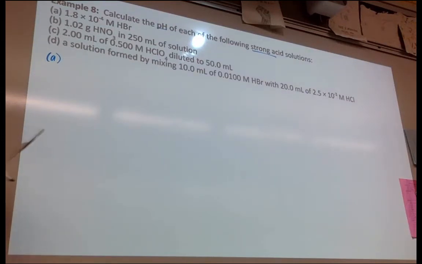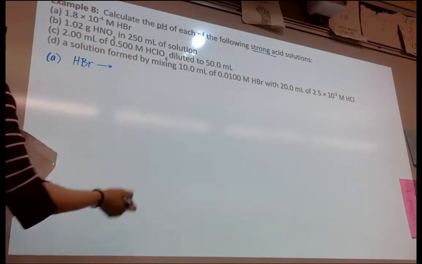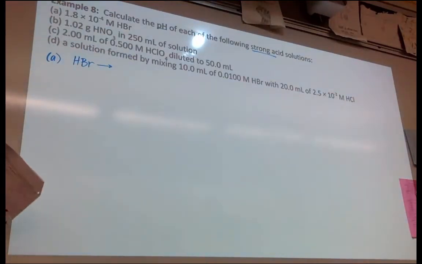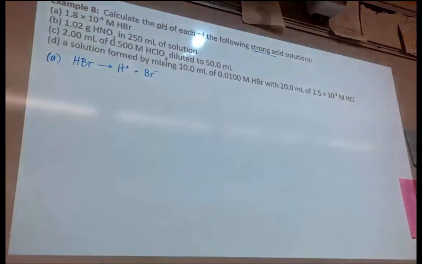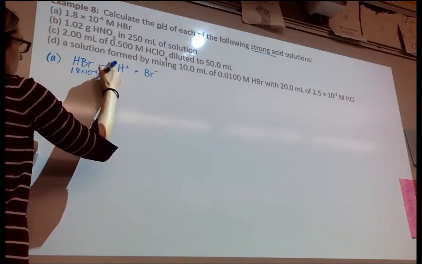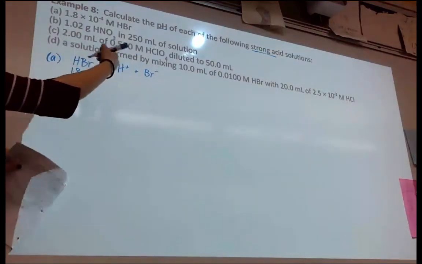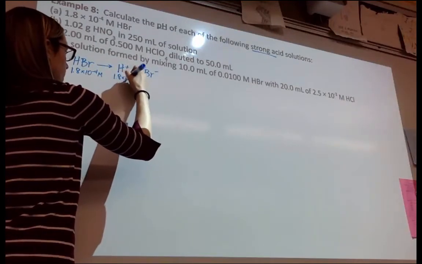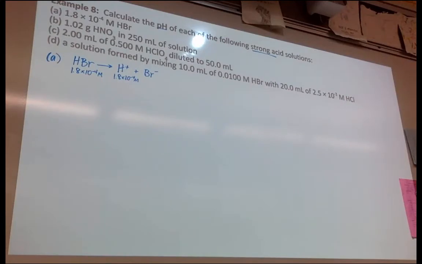Now I'm going to start by just writing what happens when I have HBr in solution. It is a strong acid. It completely ionizes into H plus and Br minus. Now the reason I'm writing this is because I'm showing that if I have 1.8 times 10 to the negative 4th molar of HBr, if it completely ionizes, that means I'm also going to have 1.8 times 10 to the negative 4th molar of H plus and 1.8 times 10 to the negative 4th molar of Br minus.